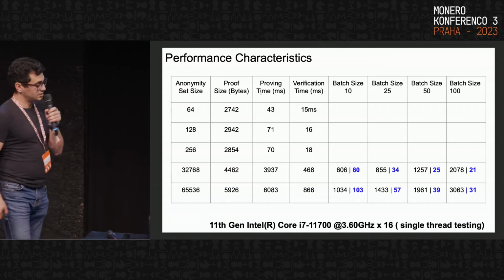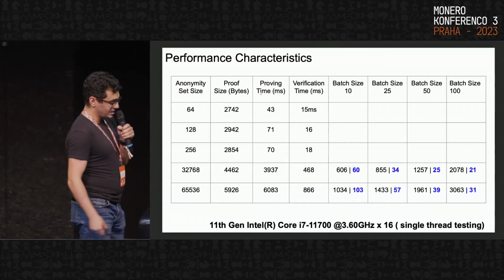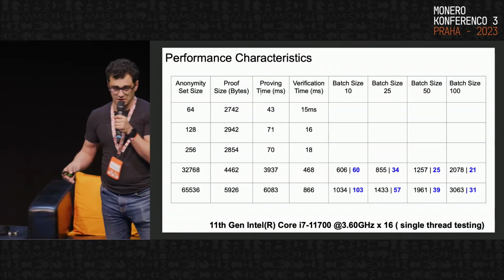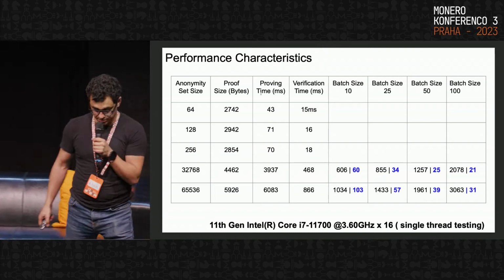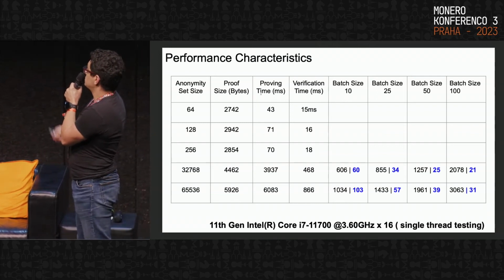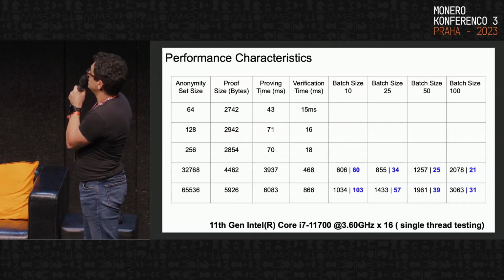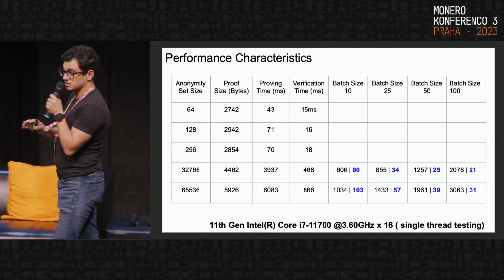This table just shows some numbers with current benchmarks. I believe there is still some room for engineering optimization, but the current state is that, while keeping the anonymity set size of 65K, the transactions will be about 6 kilobytes.